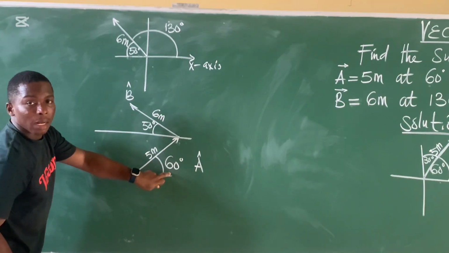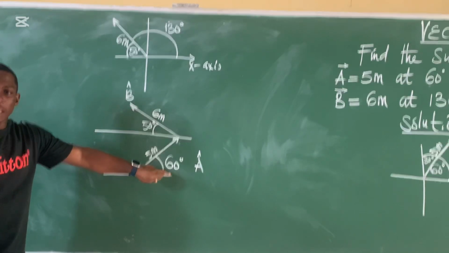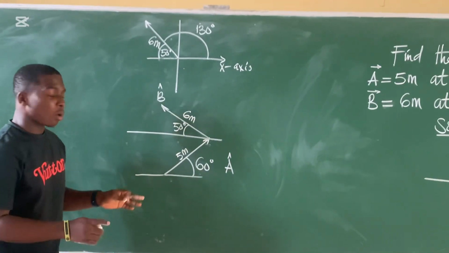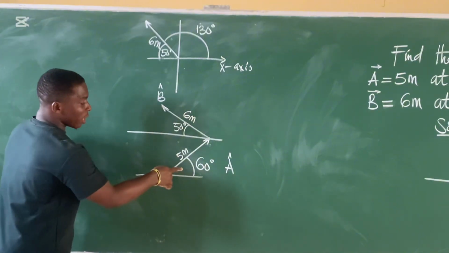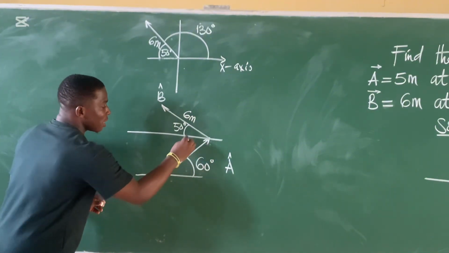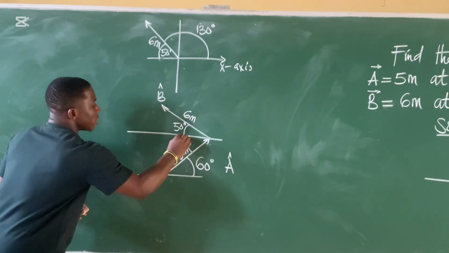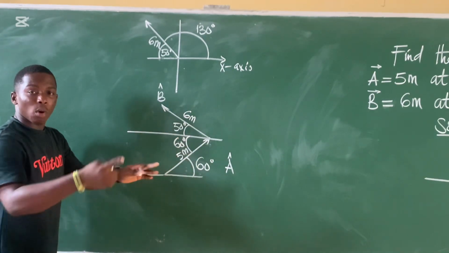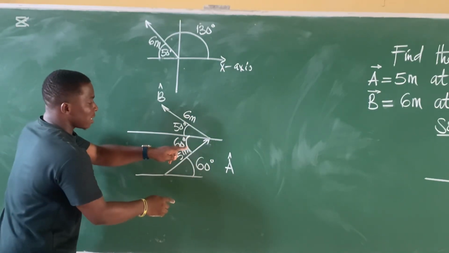60 degrees. Now there's something known as adjacent angles. Adjacent angles are the same, or you call them vertically opposite angles. The angle for vector A is 60 degrees. If here is 60 degrees, this other part is also 60 degrees because they are vertically opposite.